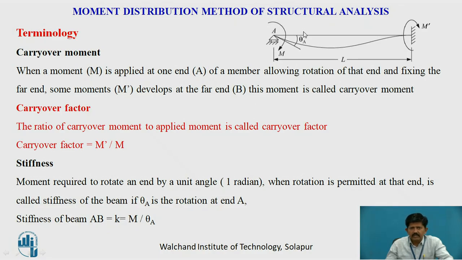Now, if theta A is the rotation at the end A, then the stiffness of beam AB is K, which equals M upon theta A. So, this M upon theta A will be the stiffness of this member AB.